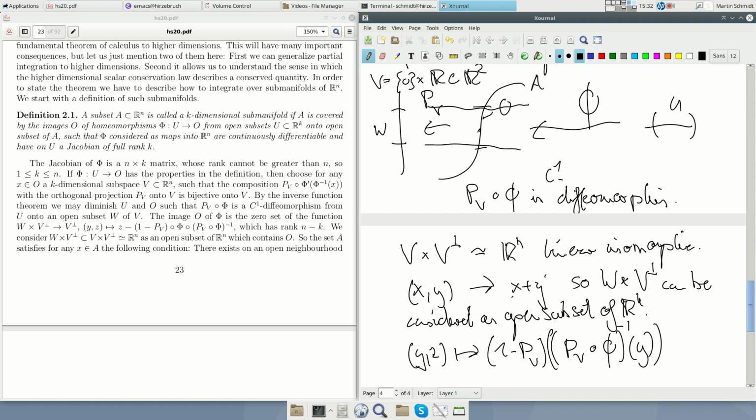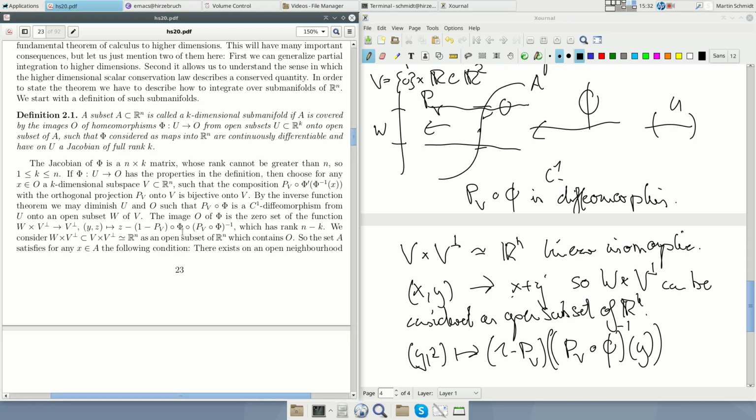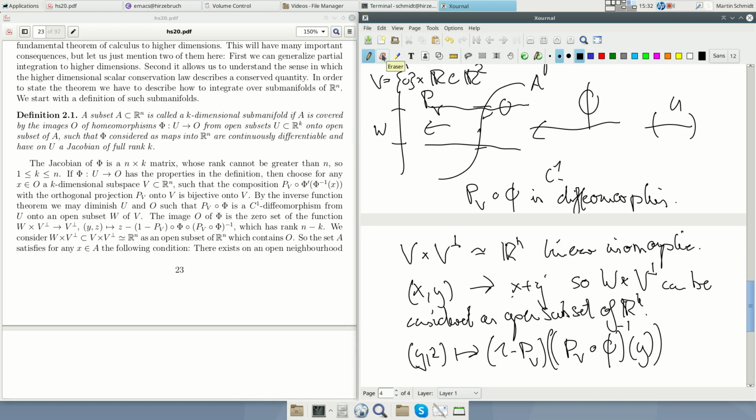And then, sorry, I forgot the phi in between. Of course, we need the phi in between. Okay, so then we apply phi again. This means we first recover the point here, then we apply phi, and then we use again the decomposition.